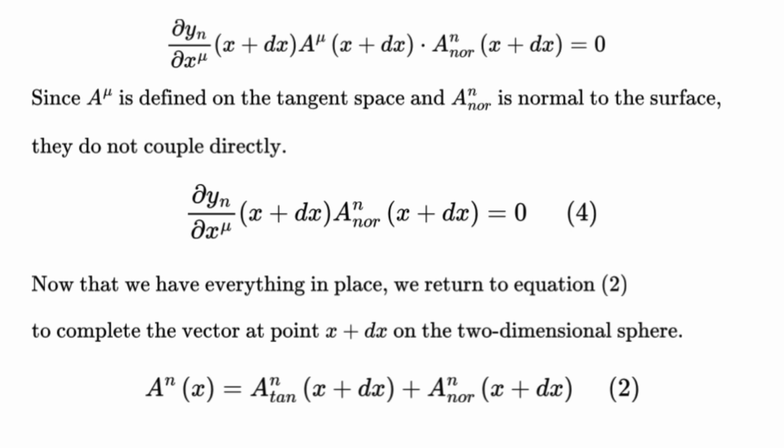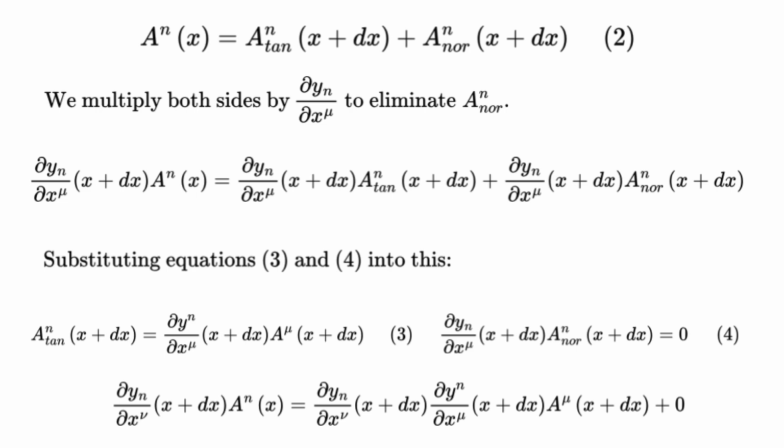Now that we have everything in place, we return to equation 2 to complete the vector at point x plus dx on the two-dimensional sphere. We multiply both sides by partial y^n over partial x^mu to eliminate a^n normal.